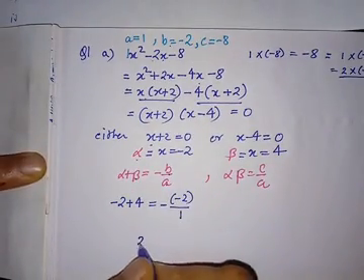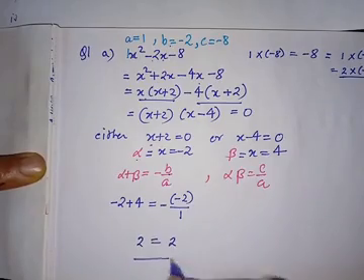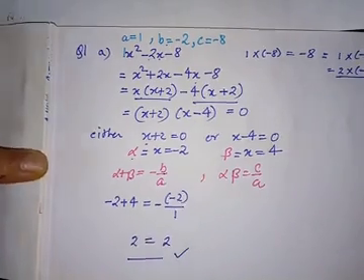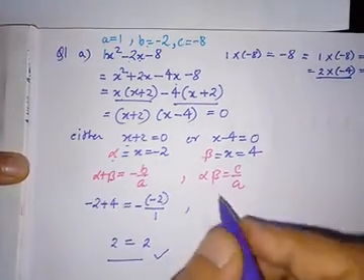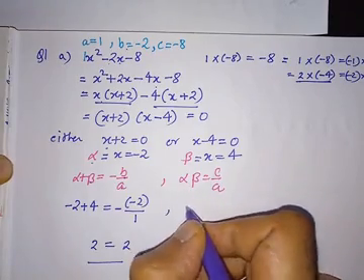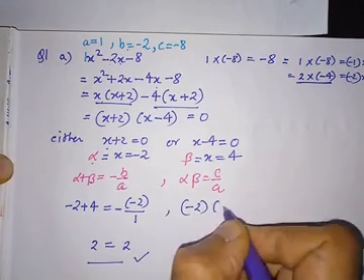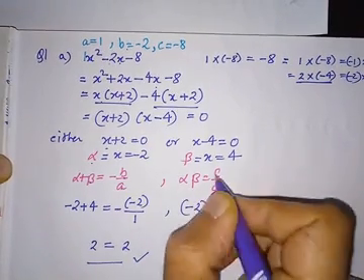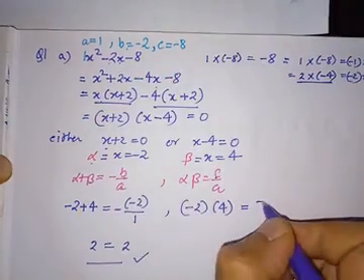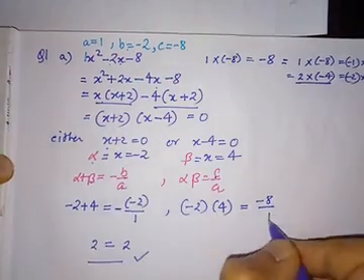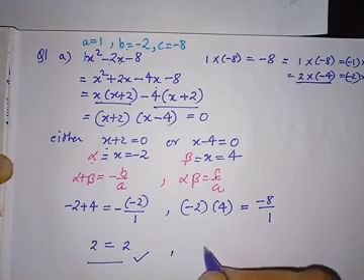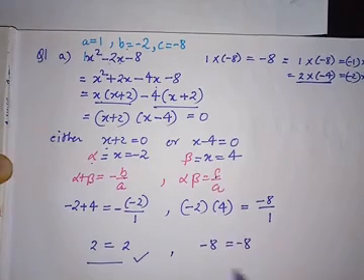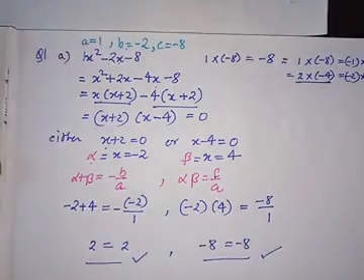On solving this, 2 equals 2. So our result is verified. This is correct. Now let us check it for the product of the roots. Alpha is minus 2, beta is 4, c is minus 8, and a is 1. On multiplying these we get minus 8, which equals minus 8, and this is also verified.